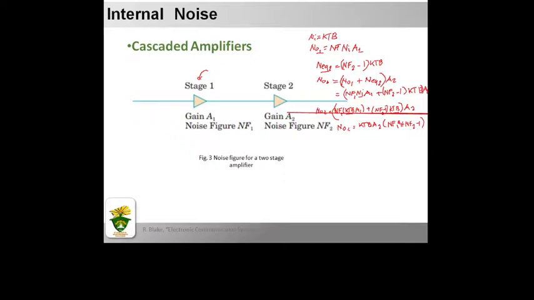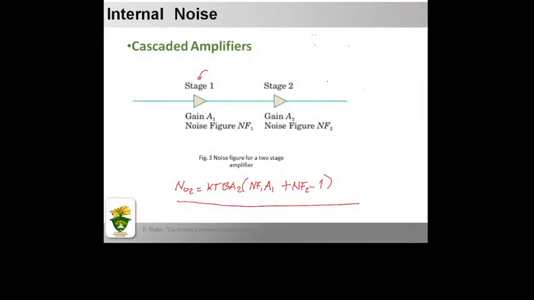So to clarify the writings here, let me write it here again. The output noise of the second stage is equal to KTB A2 times noise figure of 1 A1 plus noise figure of 2 minus 1. So that is the output noise of the second stage.